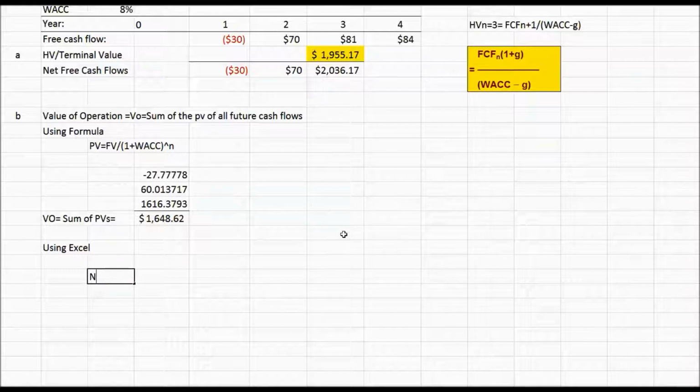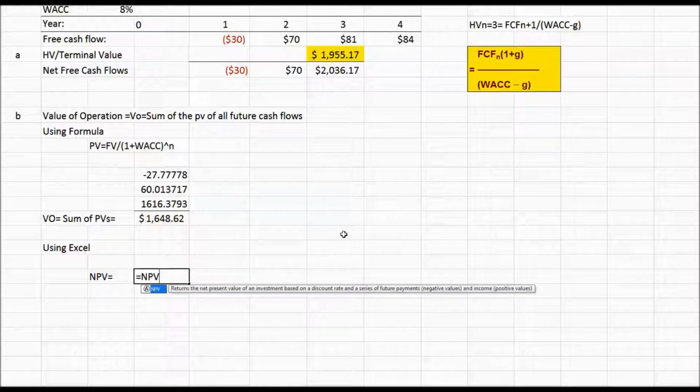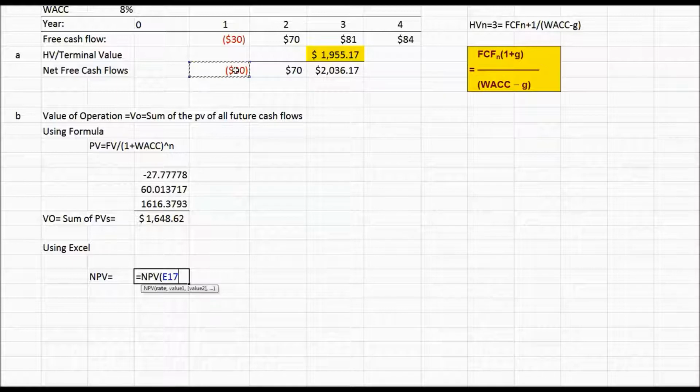We can use the NPV function. These are uneven cash flows, so the cash flows are changing.